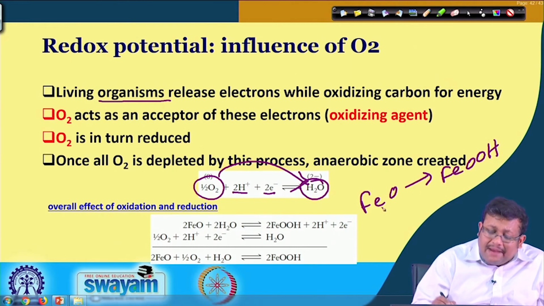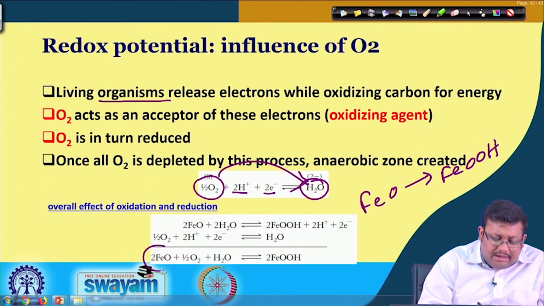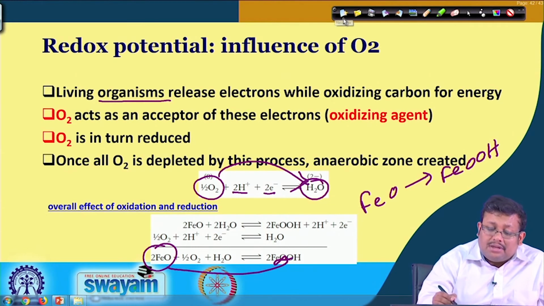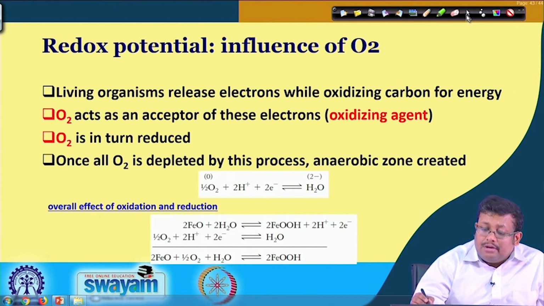If we combine both two reactions, we will get the overall effect of oxidation reduction. Ultimately, the FeO will produce FeOH. So, this is an example where oxidation reduction potential plays a significant role, and it basically indicates the oxidation or reduction of different substances.